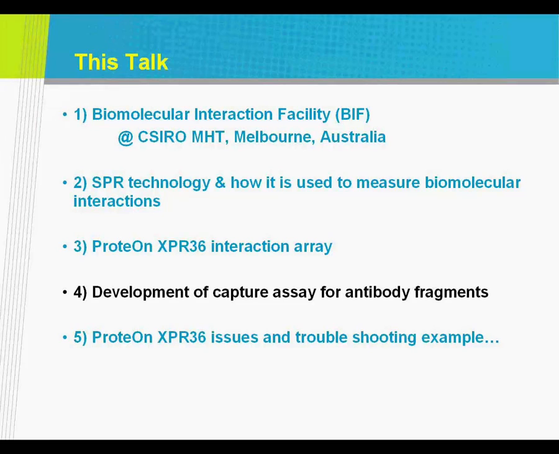And thirdly, I will talk about ProteOn and how we use the ProteOn to measure the interactions. Fourth, I will talk about the assay itself that we have developed here at CSIRO. And lastly, I will share an anecdotal experience or an issue that I have observed using ProteOn, just a few slides on how we overcome that issue. Hopefully the talk's not going to be too long, and I will not bore you with too much detail.